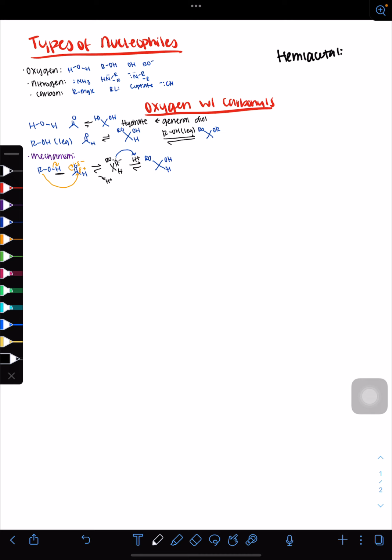Hemiacetal: it's one OR group and one OH. And then for acetal, there's two OR groups. And then we could go on to the next one, which is nitrogen.